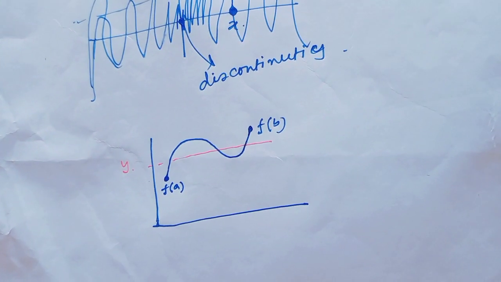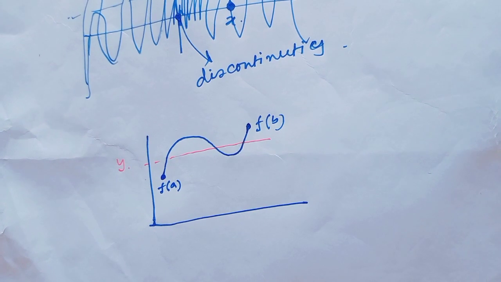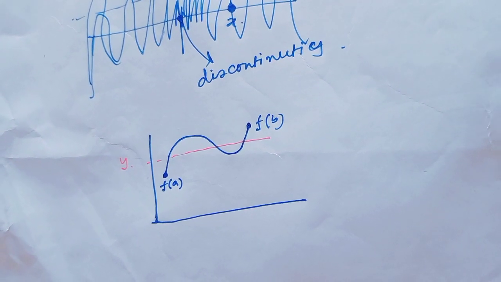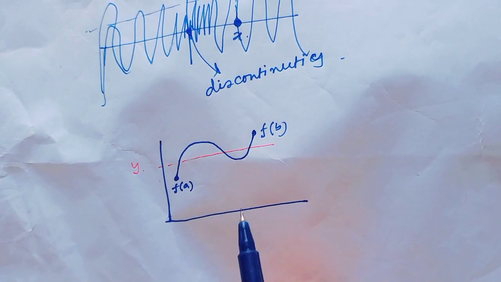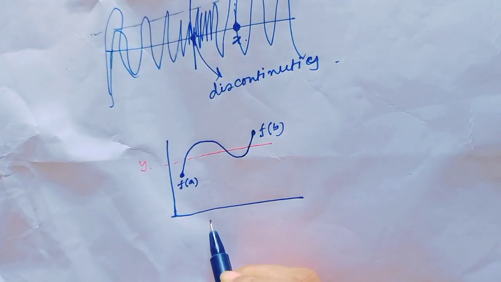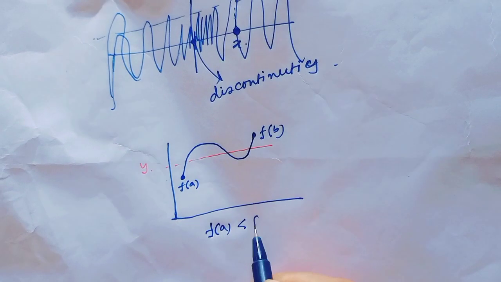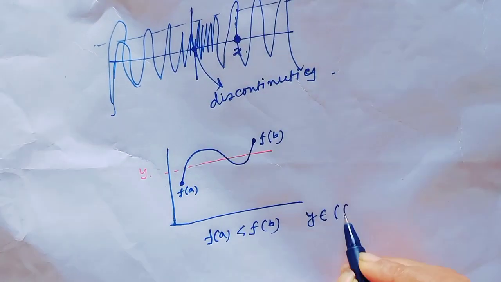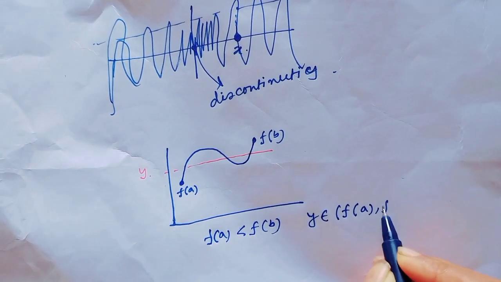Obviously, the proof of this theorem makes use of Bolzano's theorem. For this proof, consider a function f such that f of a is less than f of b, and y belongs to the open interval f of a comma f of b.